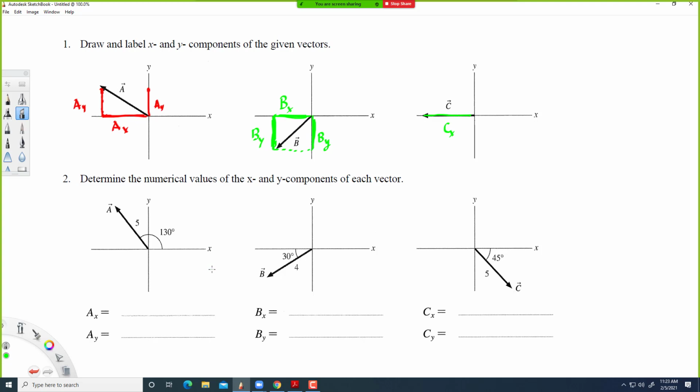Number 2, determine the numerical values of x and y components of each vector. So we already did that. There are 2 ways to do this again. First, let's see where our x and y components are.